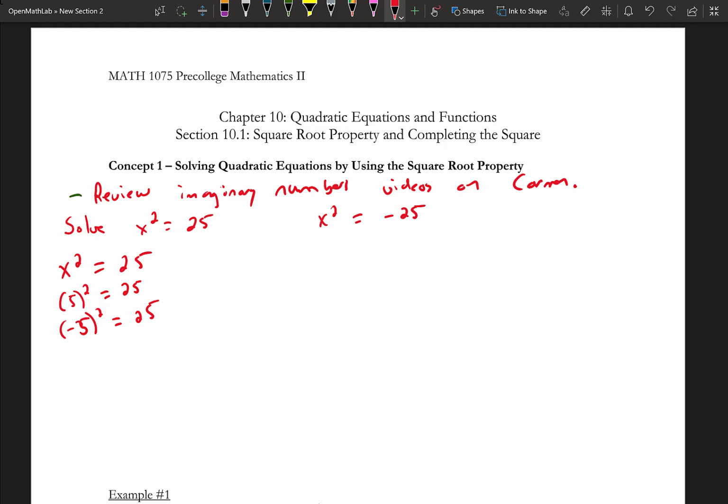When I square something, I lose what sign it had originally, because if the original thing was positive or negative, if I square it, I get a positive value back.